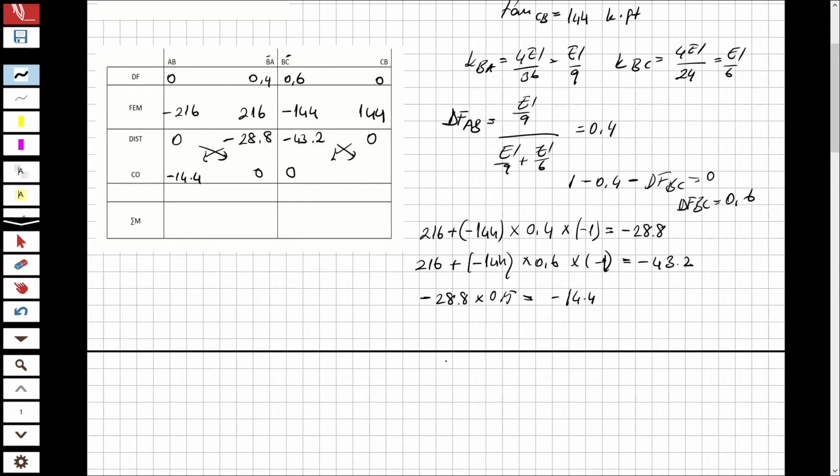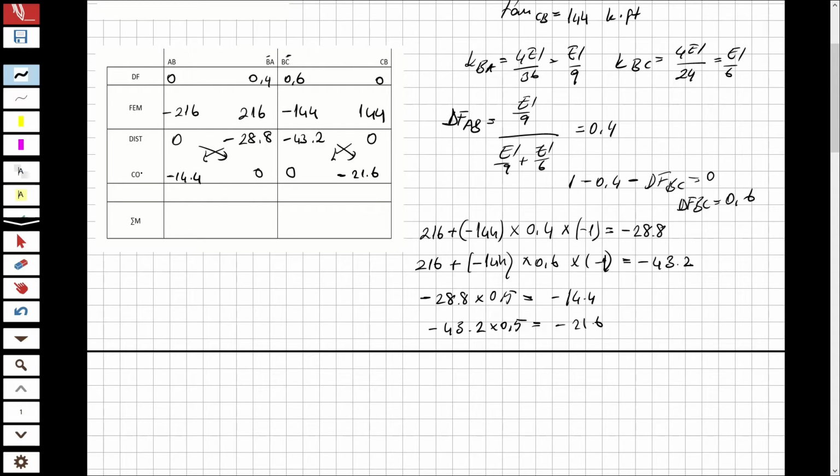And this will also be minus 43.2 multiplied by 0.5, which will be equal to minus 21.6.